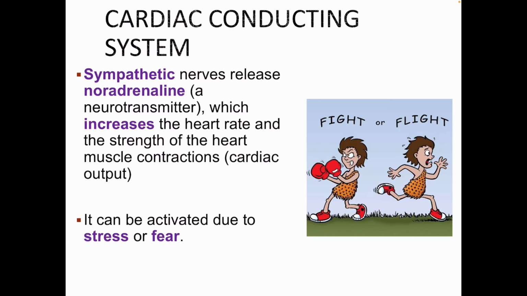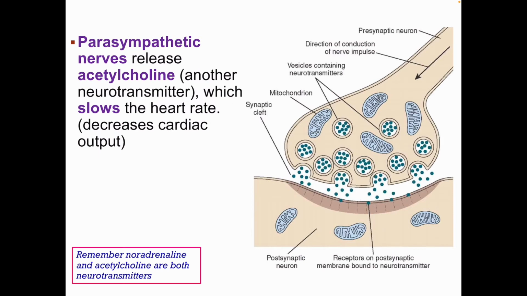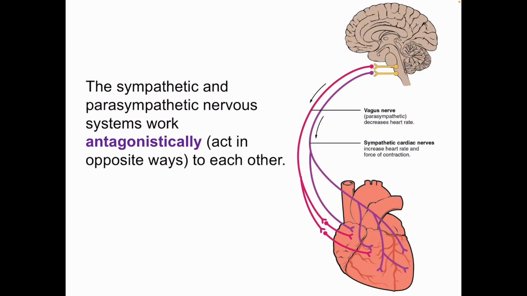This is activated due to stress or fear, and it's a natural response of the body. Your parasympathetic nerves release acetylcholine, which decreases your heart rate and also decreases cardiac output. And we say that the sympathetic and parasympathetic nervous systems work antagonistically to each other, which means they have opposing effects on the same organs.